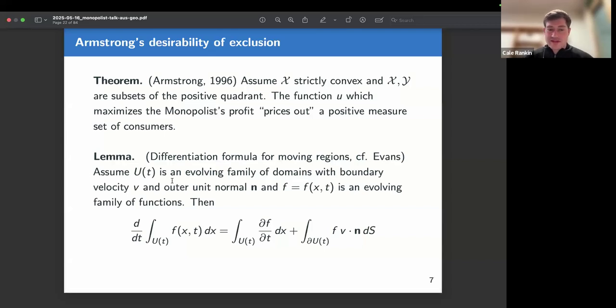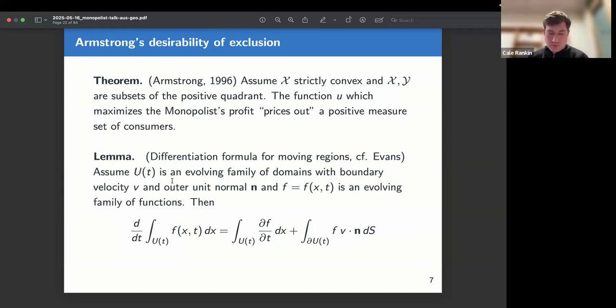So of course, if we want to differentiate an integral where the function we're integrating depends on time, then I hope to be able to just differentiate under the integral sign. And you can do that with some fairly standard conditions on f. If, however, our region also depends on time or a parameter, then we pick up a boundary term.